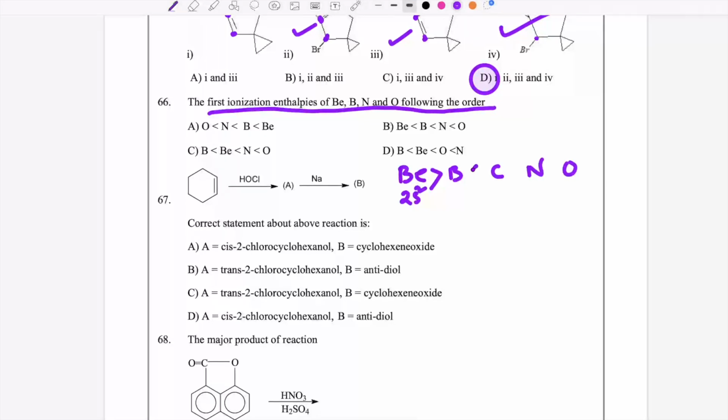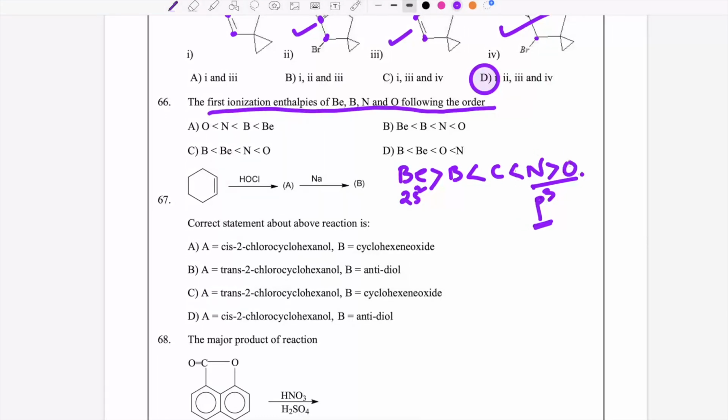And boron is less than carbon, right? So carbon is less than nitrogen, but nitrogen is greater than oxygen. Why? Because of the p3 configuration, nitrogen has more ionization energy.